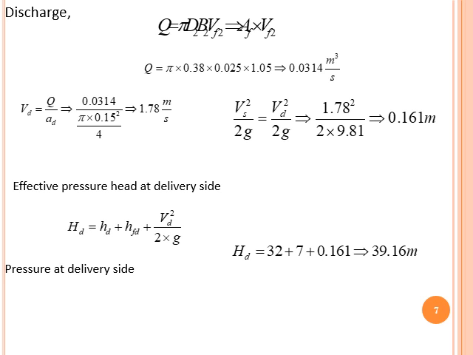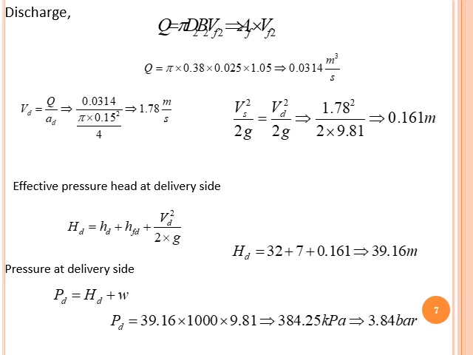The pressure at the delivery side, Pd, is calculated as the effective pressure head at the delivery side times the specific weight of the fluid, w, which is rho into g, the density into gravity.